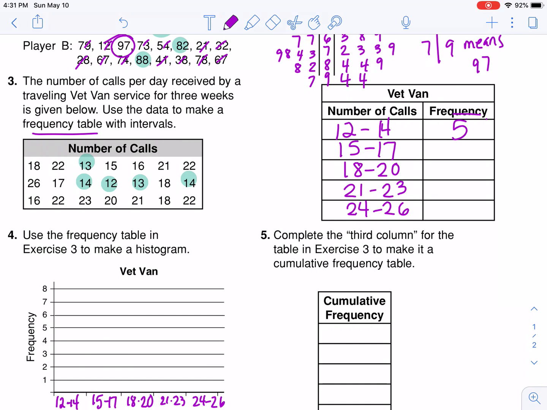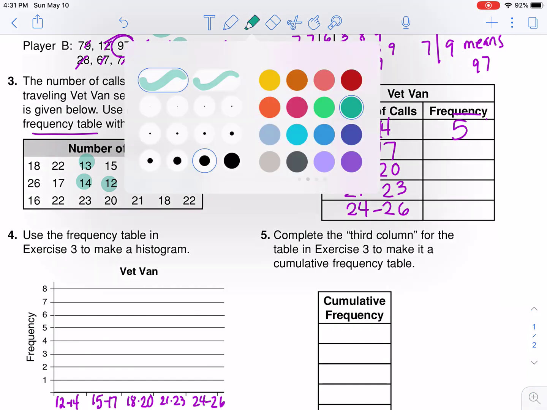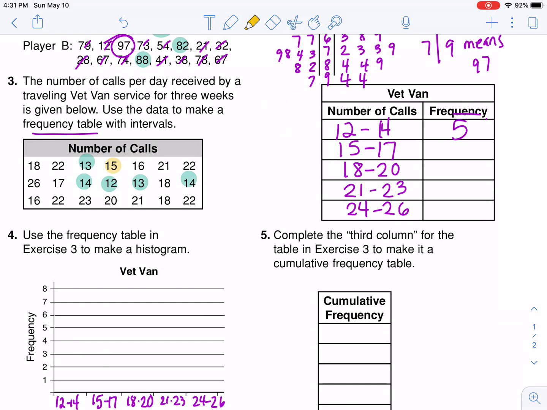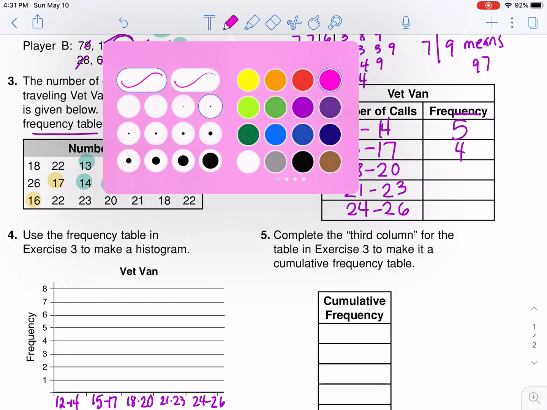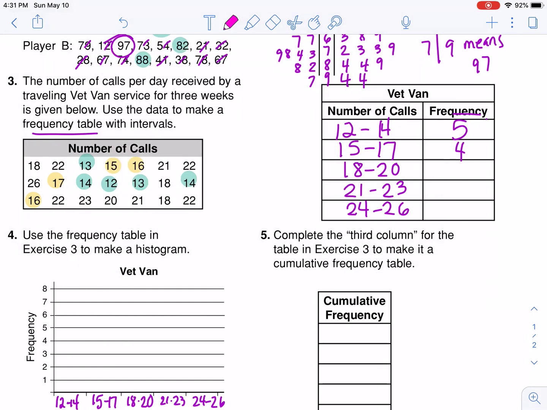Okay, 15 to 17. I'm going to change colors. 15 to 17, 16, 16, that is 4. 18 to 20, 18, oh, wait a second, let me change this, 18 to 20, 18, 18, that's 4. And I changed colors to pink, that's okay.